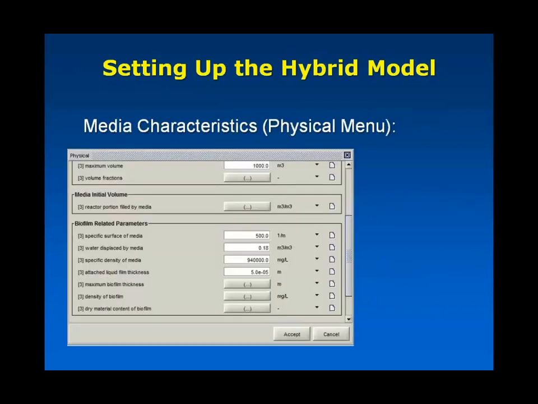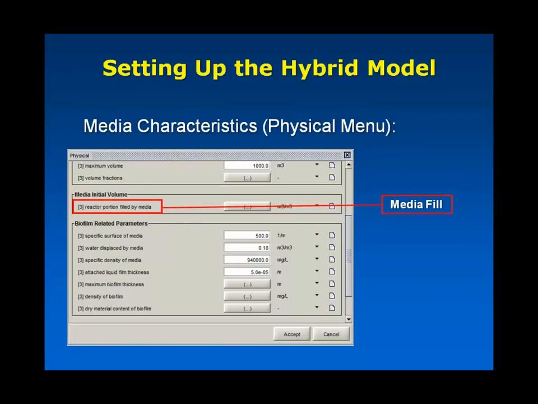So just to summarize quickly, the most important parameters that you should be looking at when you are setting up a GPS-X model for IFAS or MBBR is, first of all, on our physical parameters input menu. If you get past the top part up here, which was the tank volumes and so on, the next part down relates to the media. So we're looking at the volume of the reactor that is filled by the media.